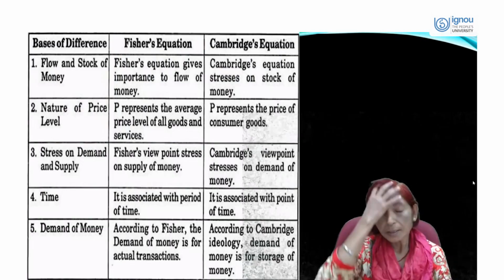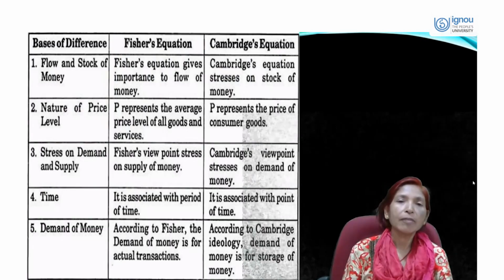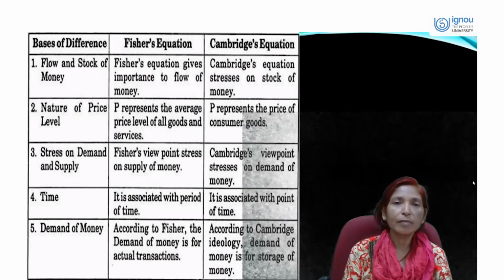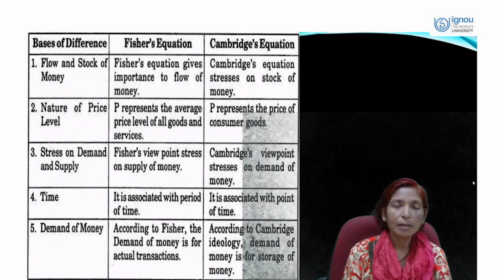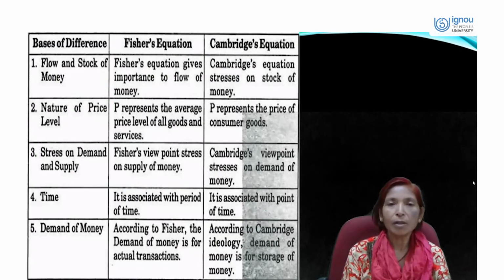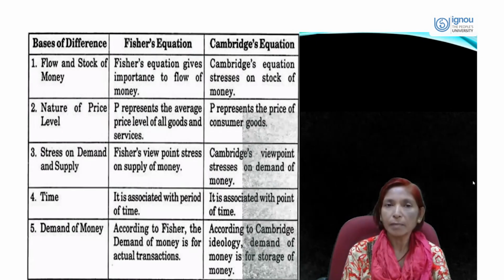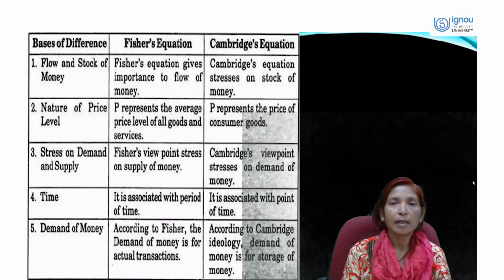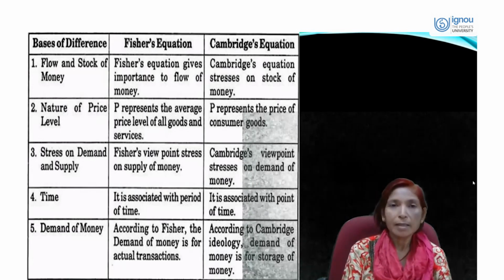For example, national income is a flow concept, because anything related with per day, per month, per week, per hour, or per year is called a flow concept. National income is estimated on a yearly basis, every year by NSSO.